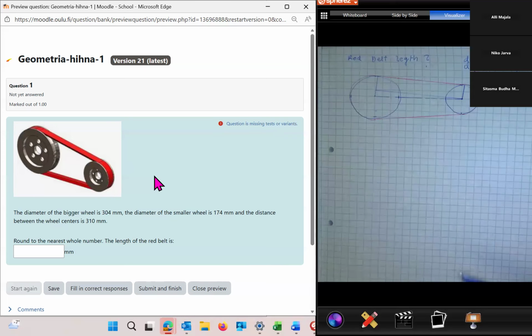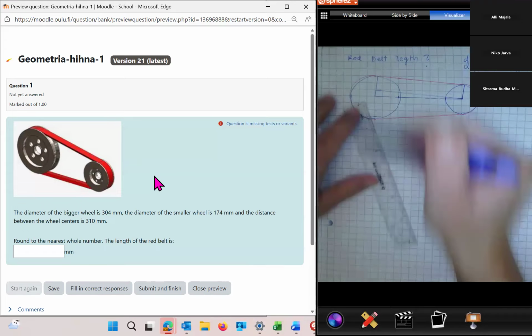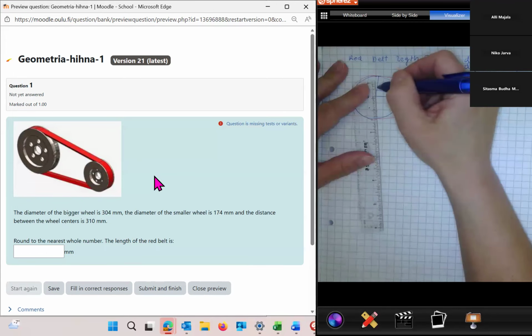You mean the belt? Yeah. How do you know that the belt is not... like if you draw the opposite radius line, it does coincide with the lower tangent line.